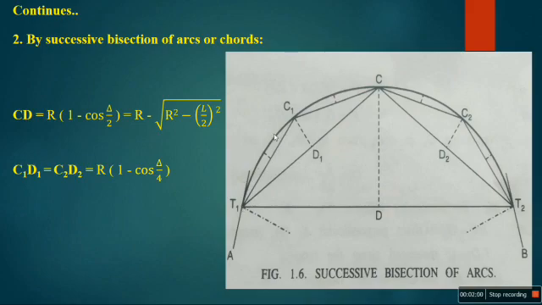Then you have to continue the same procedure all over this curve. Later you have to join all the points, and you will get the simple curve. This is the method of successive bisections of arcs or chords.